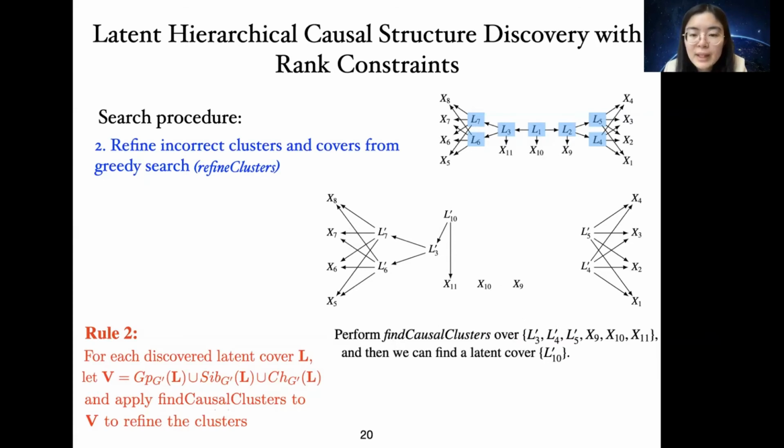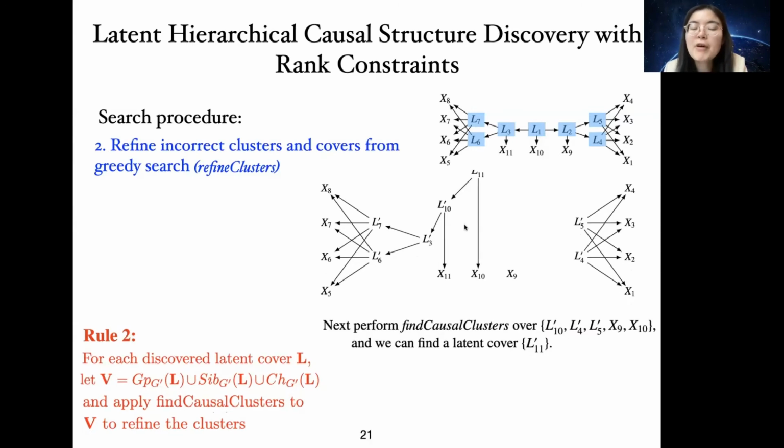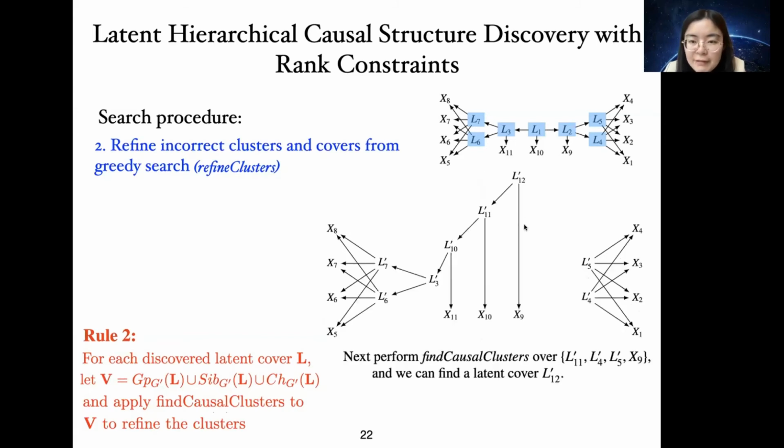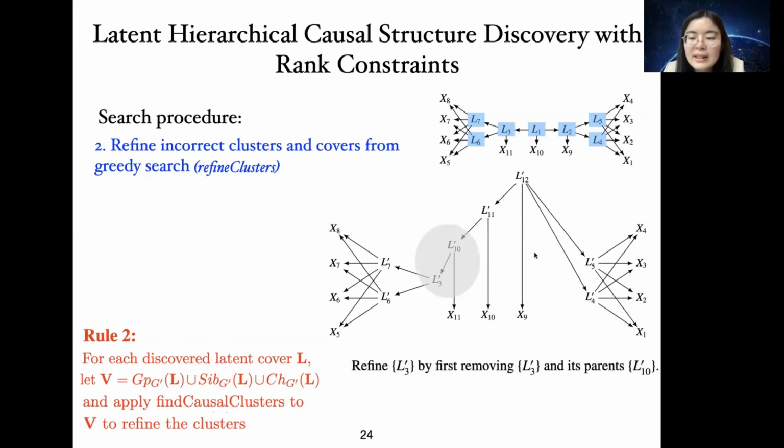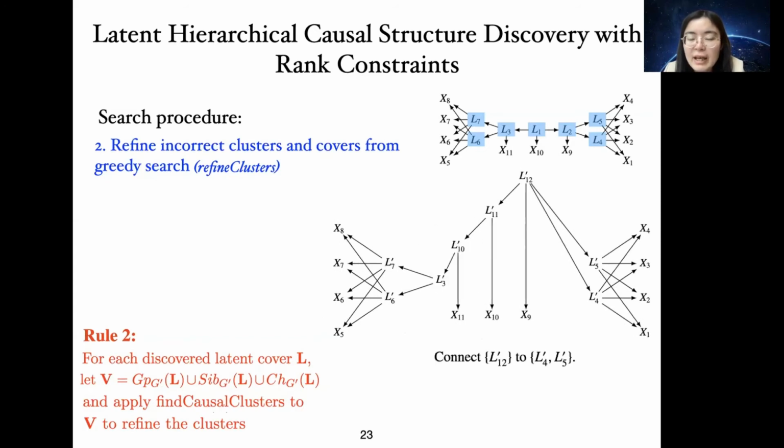Furthermore, we perform step 1 over the current root variables L10, L4, L5, X9, X10, and X11, and we can find the latent cover L11 here. Similarly, we can find L12 here. Finally, if we cannot further find rank deficiency, we connect the latent covers. Now we have finished refining L2.